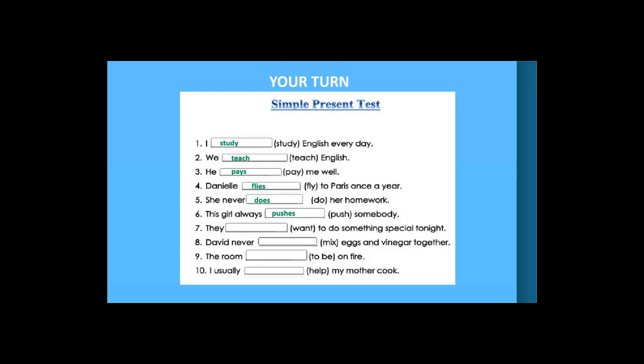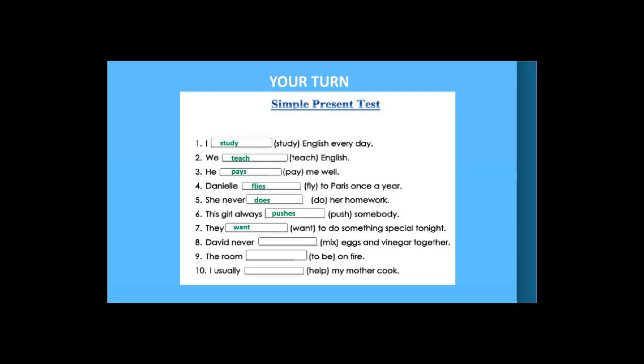Okay, so number 7, the subject, they, the verb want. Okay, what do we do with this? Okay, well done, no changes, yeah? So, they want to do something special tonight, okay? Fine.